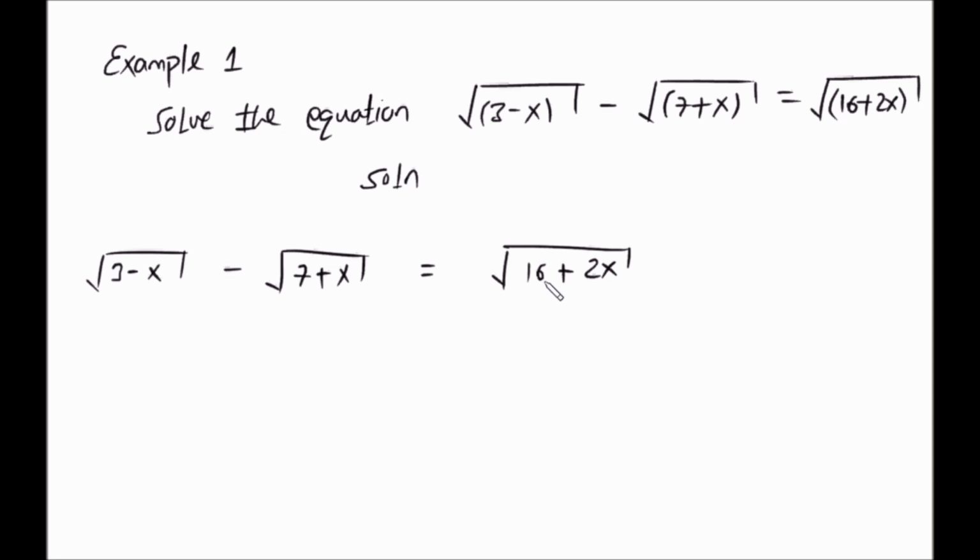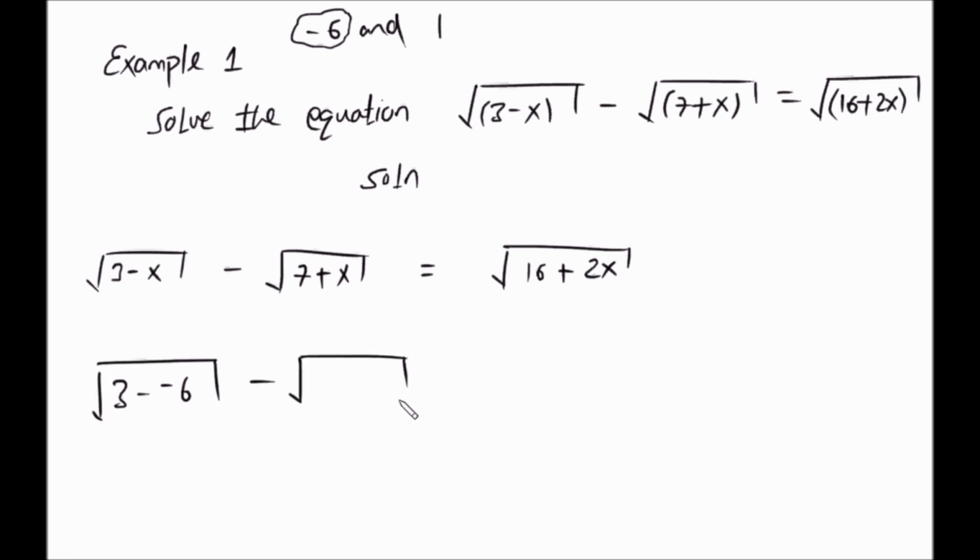Swali letu ni hili. Tumepata majibu mawili, negative 6 and 1. Kwa hiyo tu test. Tuanze na negative 6. Tuitest hapa. Itakuwa ni 3 minus kwenye x manake niweke negative 6. Negative 6 square root minus, so itakuwa ni 7 plus negative 6 sasa na 16 plus 2 times negative 6.